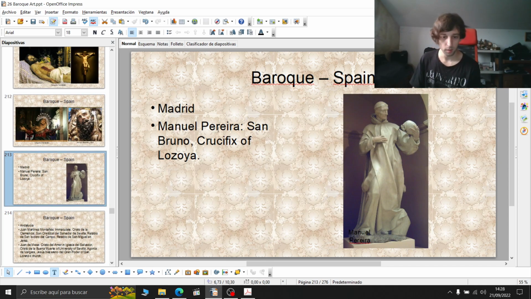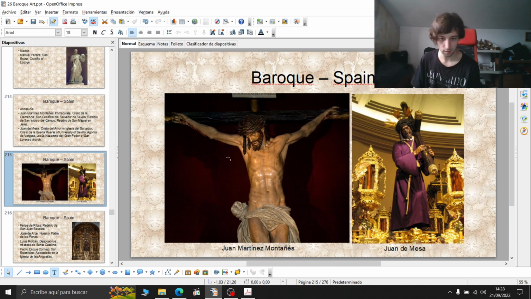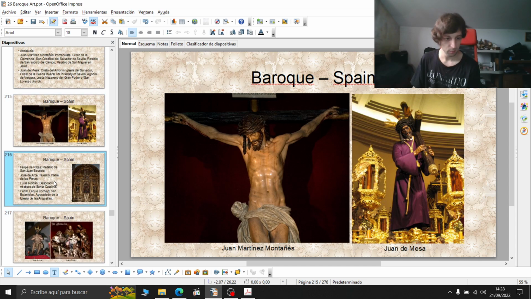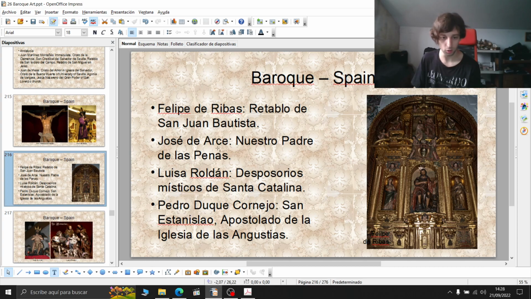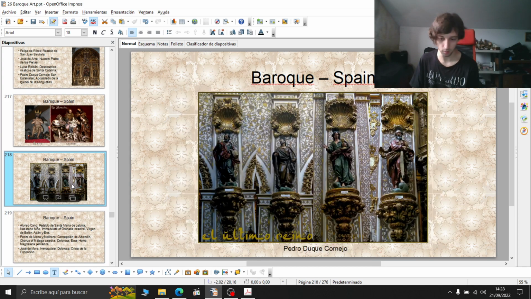Madrid with Manuel Pereira. Andalucía with Juan Martínez Montañés, Juan de Mesa. Here again, Christ with the blood falling. Felipe de Rivas, José de Arce, Luisa Roldán, and Pedro Duque Cornejo. Here again, all of them religious.